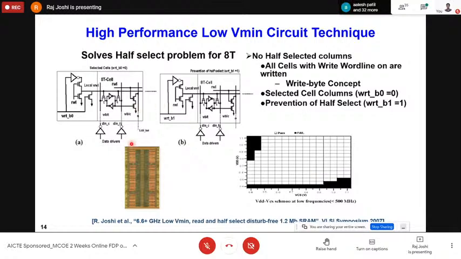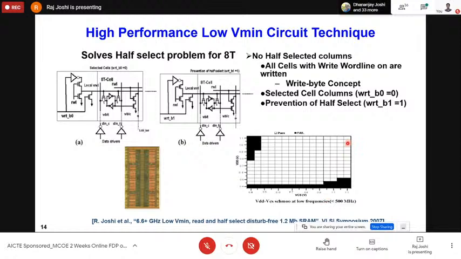So high performance low Vmin circuit technique. Again, it's a crowded chart, but I can only show you that by putting in innovative circuitry, by cutting down unselected cells or half selected cells, or grouping them together, one can reduce the power from the memory. That is the whole idea. And this is the classic SNM that you see here. You have VDD, you have VCS, these are the two supplies.